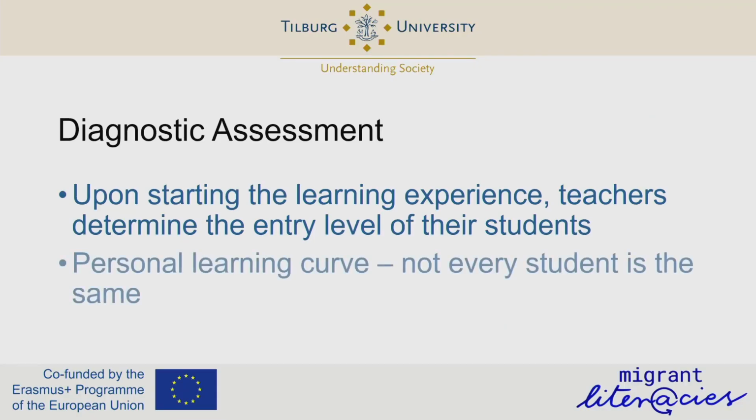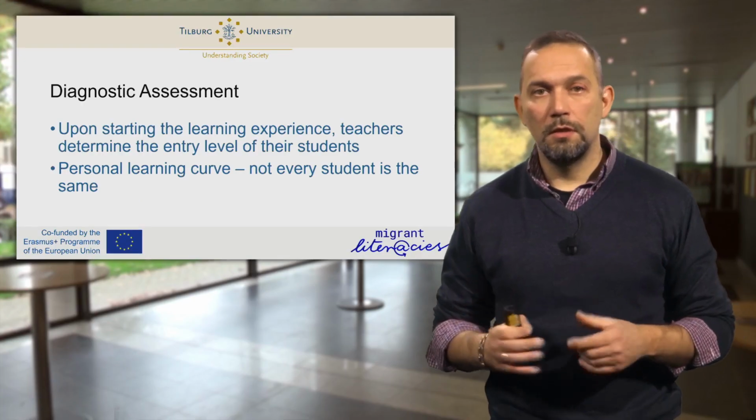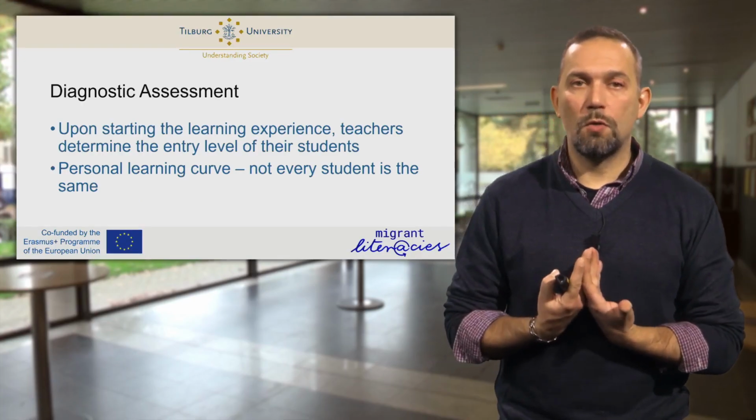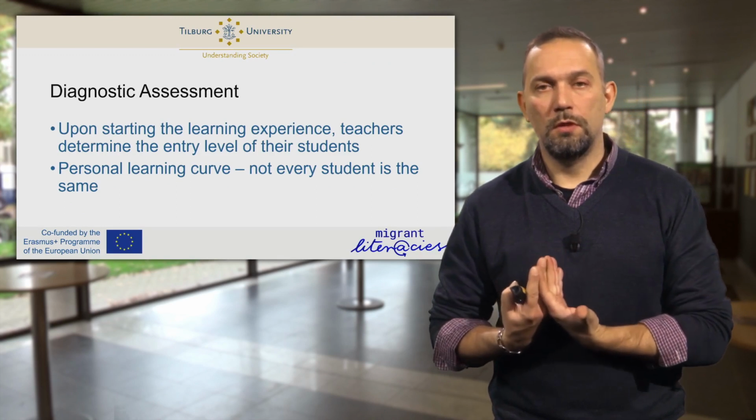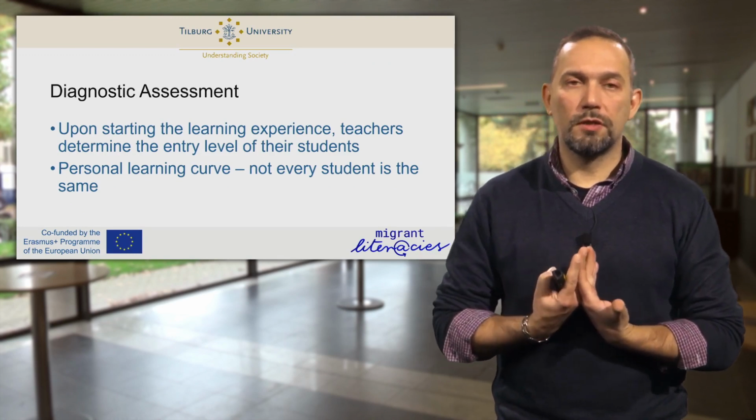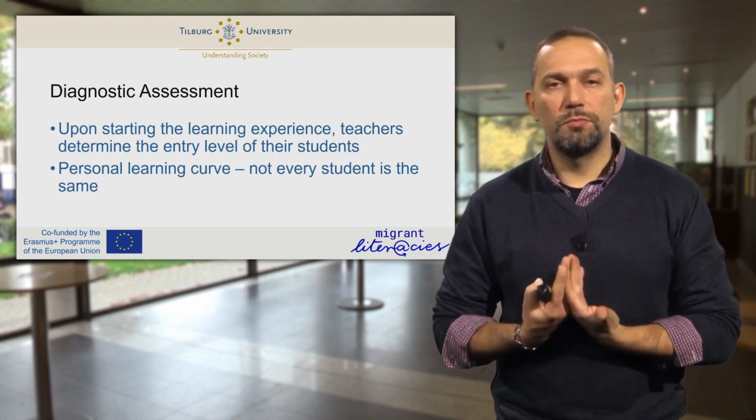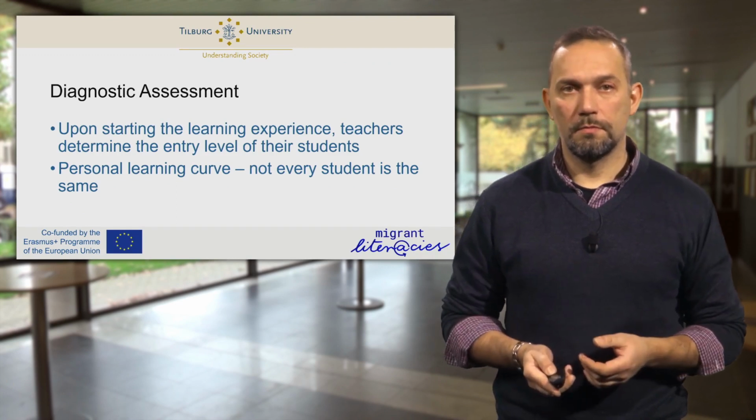From there, the teachers can actually work toward a personal learning curve because, let's face it, not every student that we have in class is exactly the same as the other. So employing a one-size-fits-all measure is an approach that is sometimes used, but that should be differentiated.